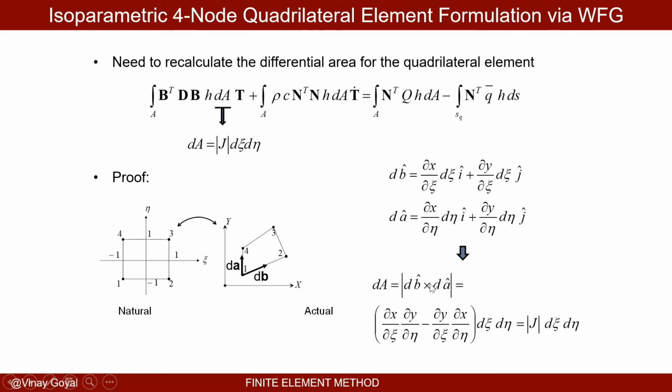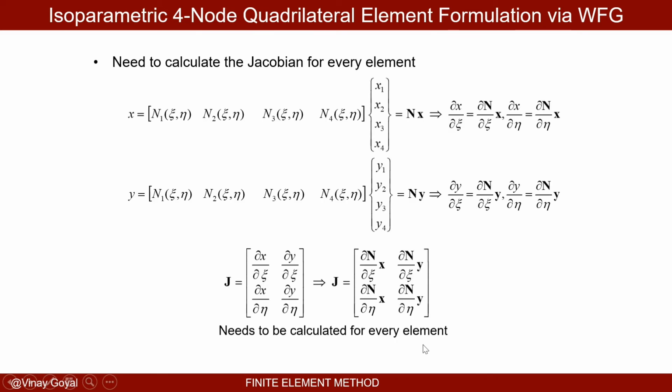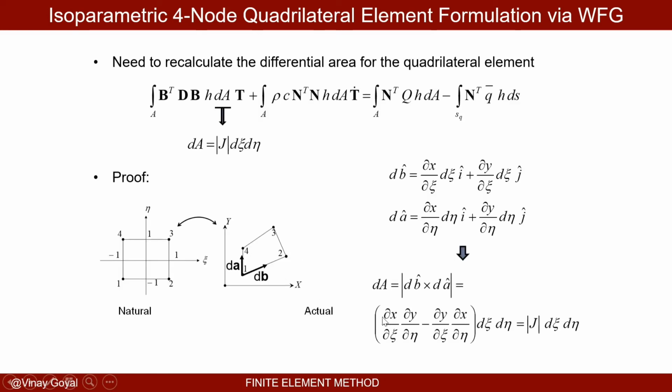So when I take the cross product, I find this, and notice that this is the determinant of the Jacobian. You can multiply yourself. This times that minus this times that is the determinant. Clearly, that's what that is. That's the Jacobian, the determinant. So I can take that dA and make it determinant of J d xi d eta, which is beautiful now, because now the integral is over d xi d eta, which is a very simple domain, the square domain. So I've taken the integral and been able to make it a very simple integral now.